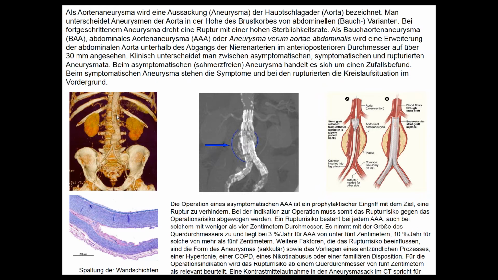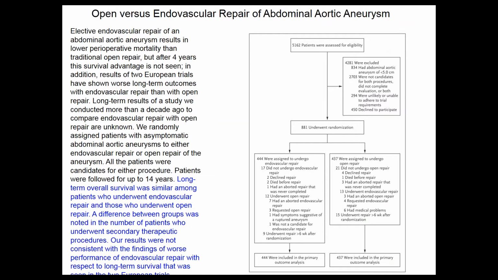Patients are out of the hospital more quickly, but the question is, which treatment offers the best long-term options for these patients? In the VA study, 5,000 patients were assessed for eligibility, and 881 subsequently underwent randomization to treatment with an open repair of the aneurysm compared to this endovascular stent treatment.